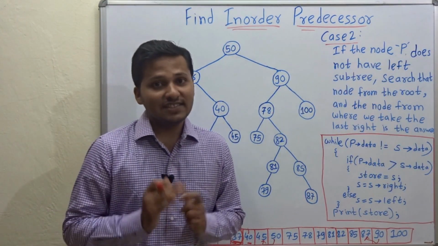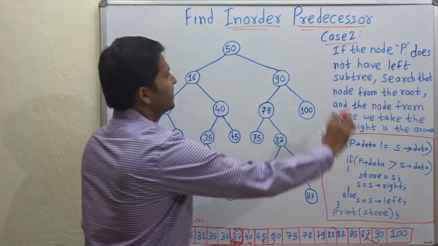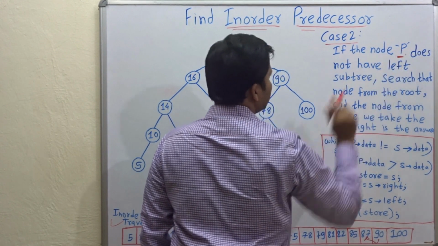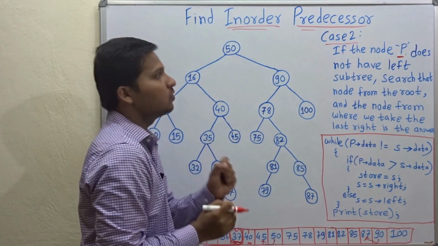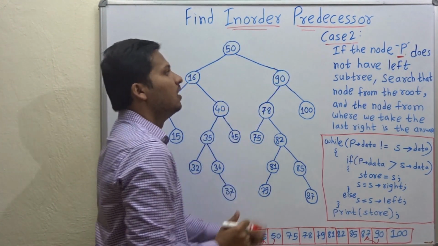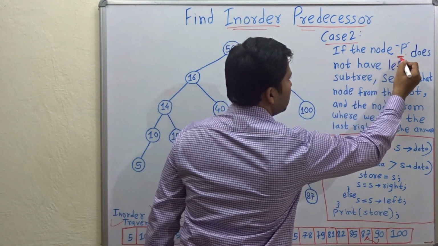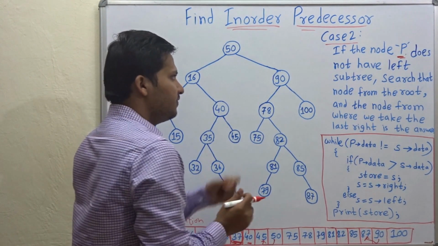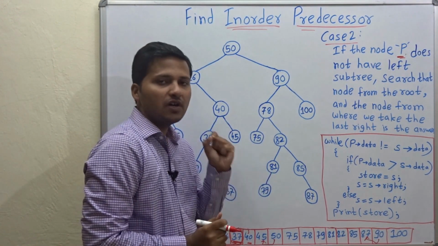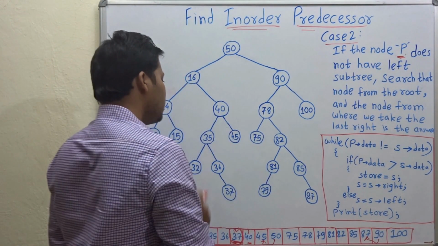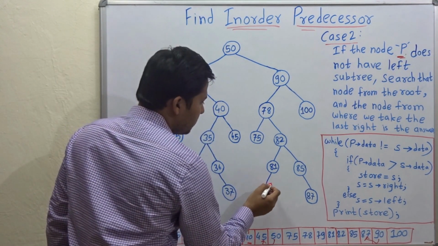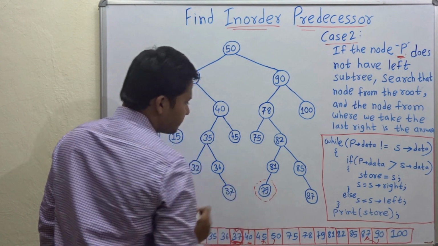So let's look at the second case now. So the second case says that if the node P, means this is the node for which we have to find out the in-order predecessor, if that node P does not have left subtree. That means if that node does not have a left child. So suppose you want to find out the in-order predecessor for 79.